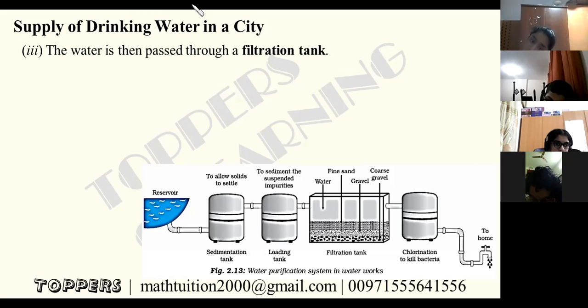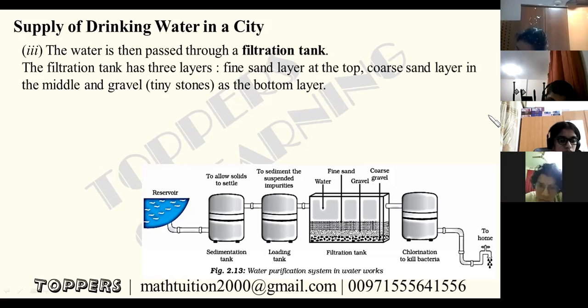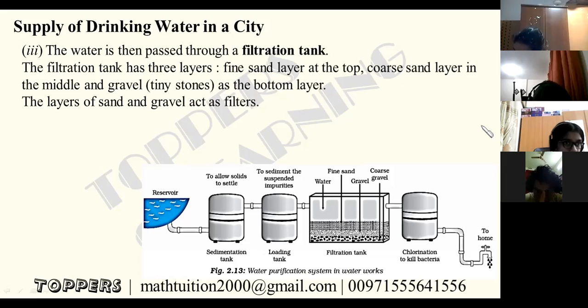The filtration tank has three layers. Fine sand layer at the top, coarse sand layer in the middle, and gravel, tiny stones, at the bottom layer. The layers of sand and gravel act as filters.